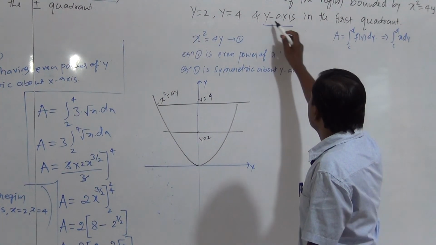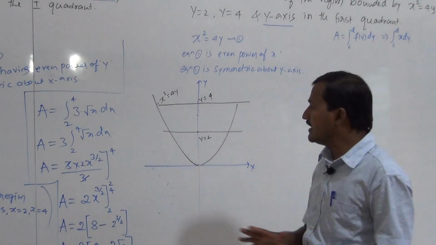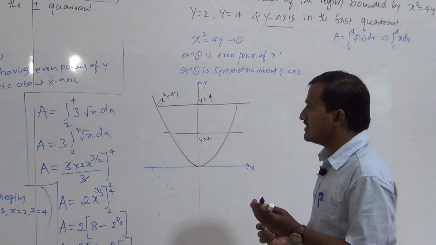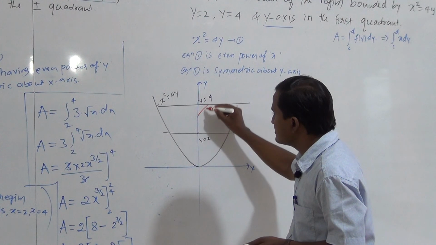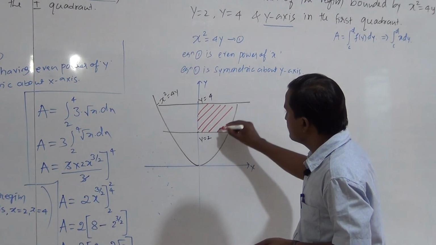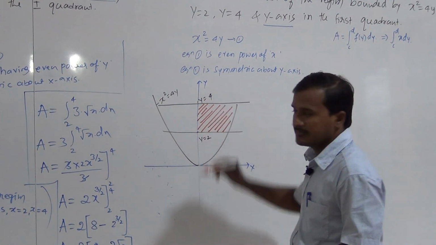Next, on y axis in the first quadrant. Here I got the area in the first quadrant also, in the second quadrant also, but they mentioned to find the area that lies only in the first quadrant. This area here I should find, right?